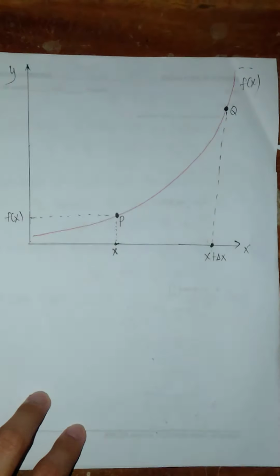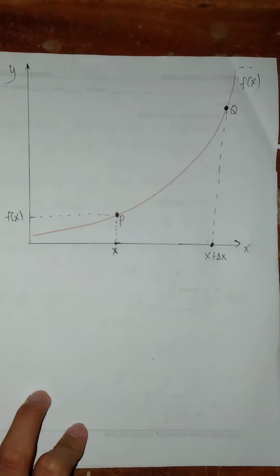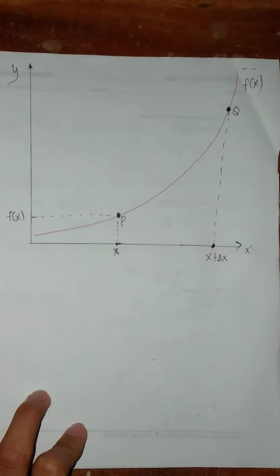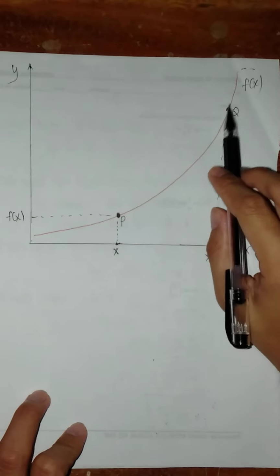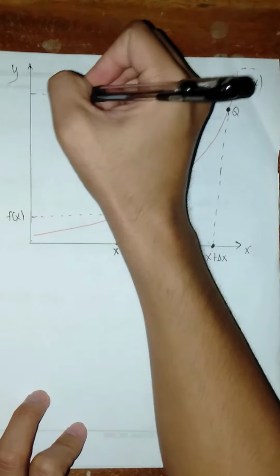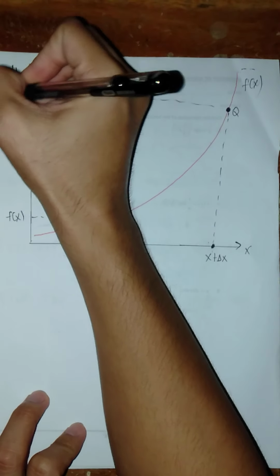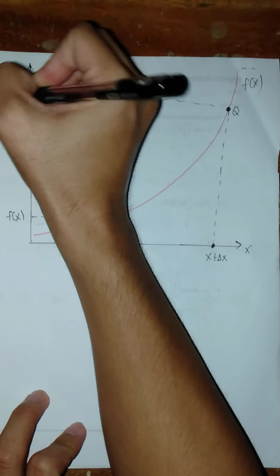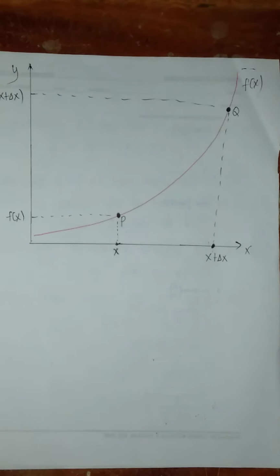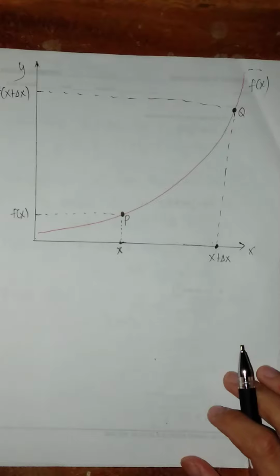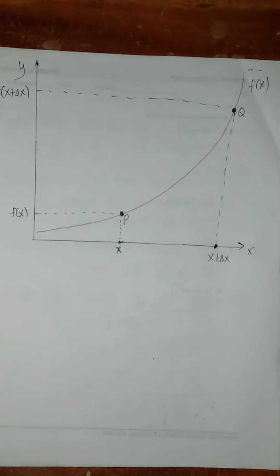Diba? Hindi ba mas simple lang? If you're going to study functions, how about at point Q? So, what is your y value? So, this is your f of x plus delta x. Tama? So, now, since na-name na natin yan, what can we do?